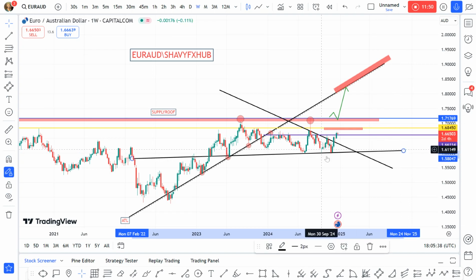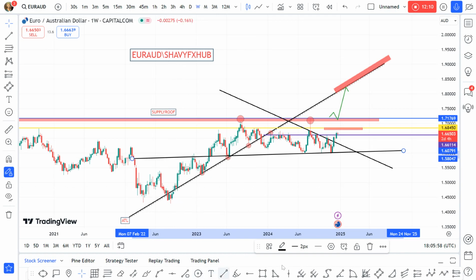So you see, if you entered a Euro AUD December buy when I called buy in the month of December at the 1.58 level, that would have been a good time. 1.58, 1.59, we did call that in the month of November for a buy after price broke out of structure.